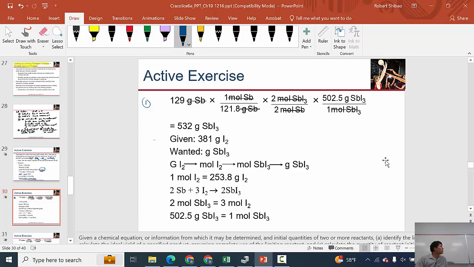Then in calculation 2, we repeat the calculation except from B's perspective. Here we have 381 grams of iodine, which is B. How much product can we get? So we'll go grams of iodine to moles of iodine to moles of antimony triiodide, or antimony 3 iodide, to grams of SbI3.